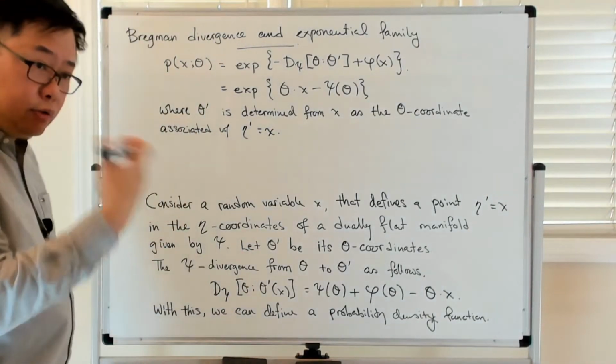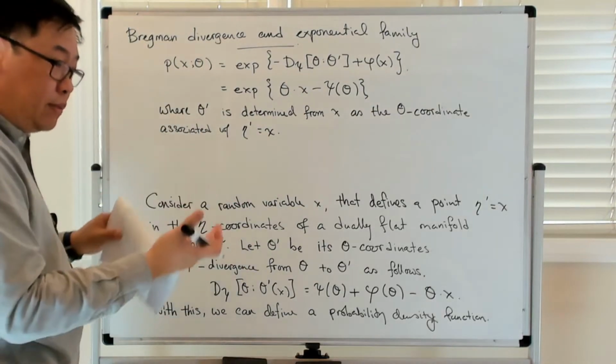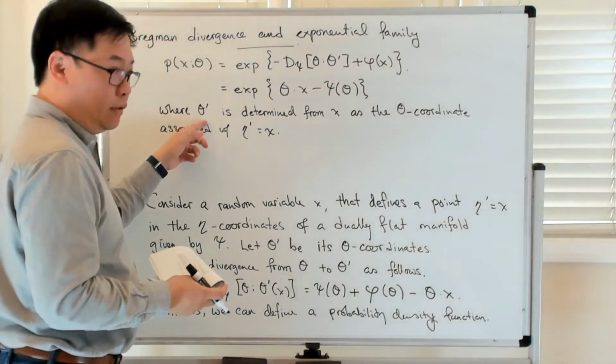So more or less, in the dual coordinate system we look at the point x, and then we find its associated primal coordinates, which we call theta prime.